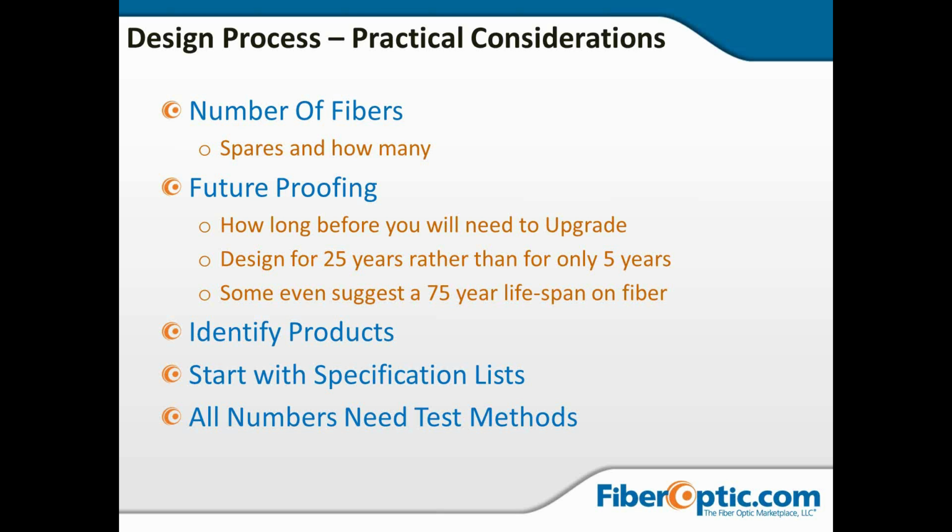Well, it says here, future-proofing. How long before you will need to upgrade? Designed for 25 years rather than 5 years. And some have even suggested a 75-year lifespan on fiber. Look at it this way. With the inside fiber, I've got some actual numbers.